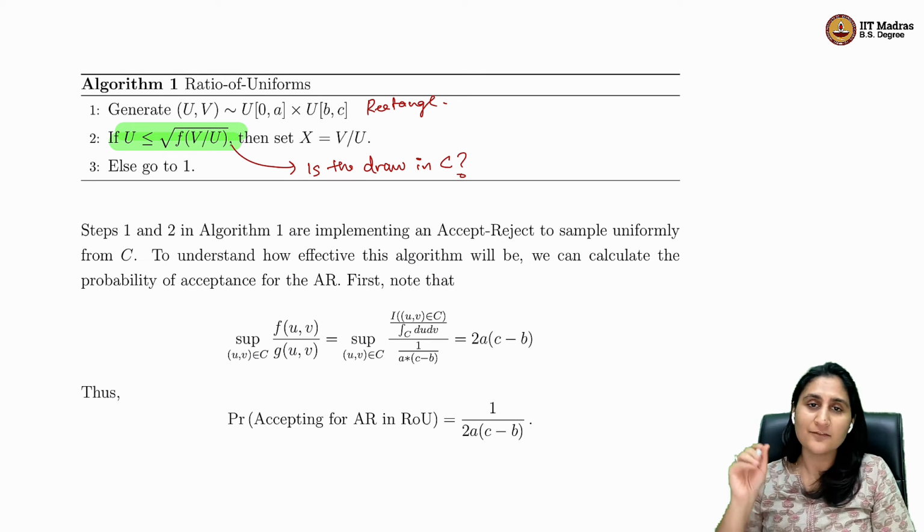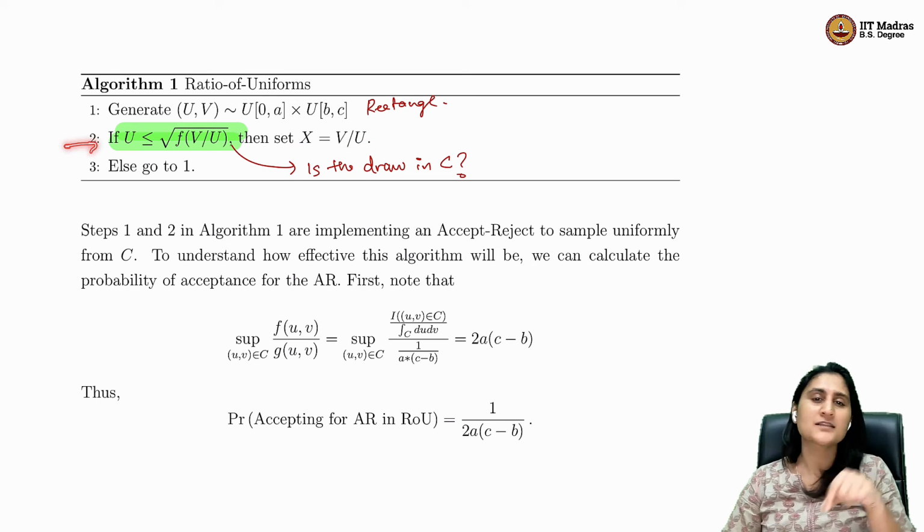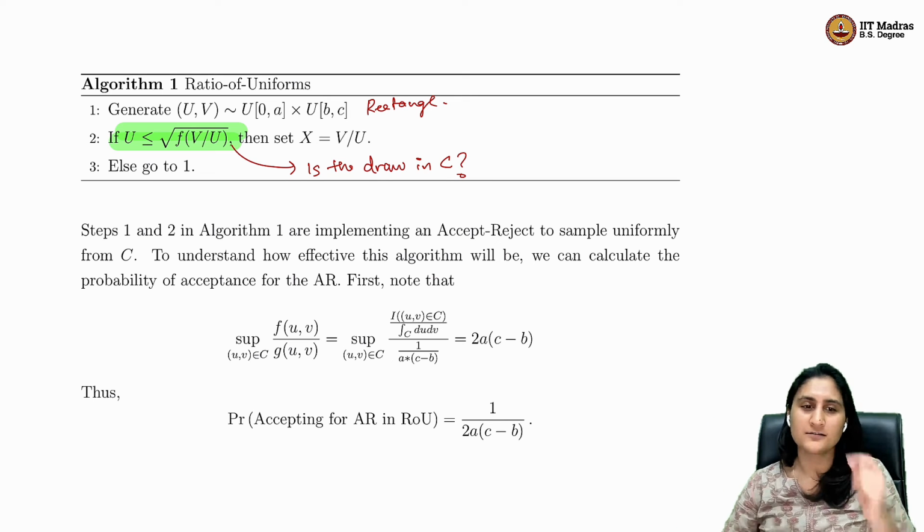Then I've gotten a representative draw from X if I take its second coordinate and divide by its first coordinate, and that's my return value. If it's not in the region C, then my accept reject algorithm has not worked, and I go back to step 1 and draw again from the rectangle.